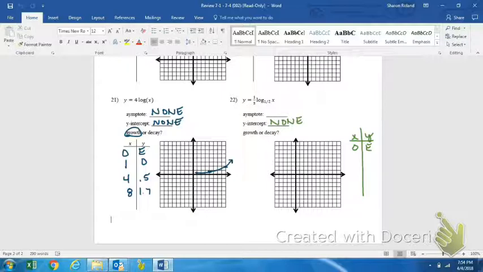At 1, you have 0, and at 4, you have -2/3, and at 8, you have -1.